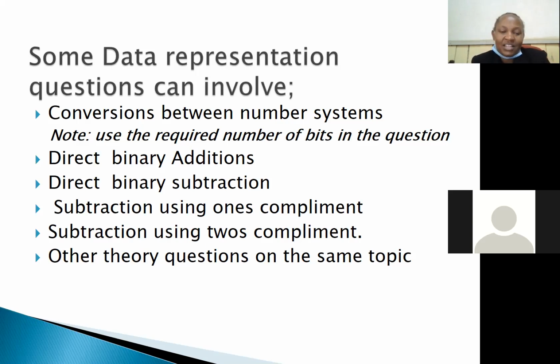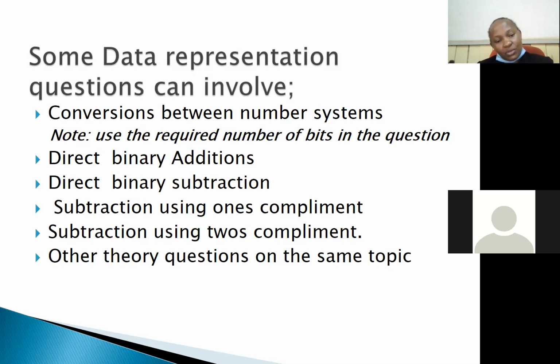Another question on this topic is direct binary addition. You are supposed to be able to add those binary digits together and get the correct answer. You can be given two clusters, let's say like 1, 1, 1 plus 1, 0, 1, 0. You can be given a case like that, or you can be given 3 clusters or so.